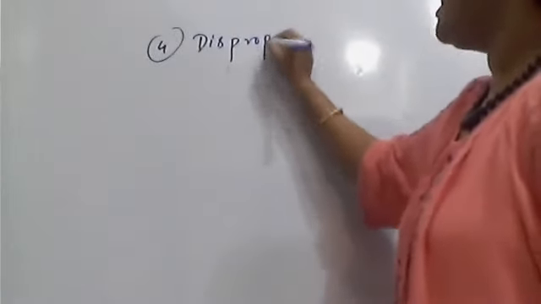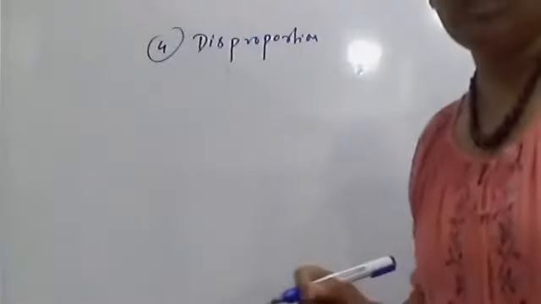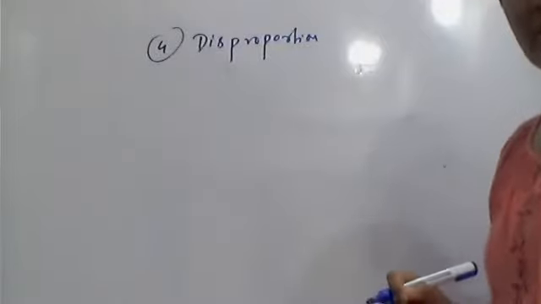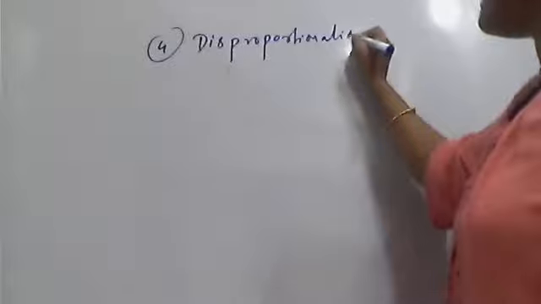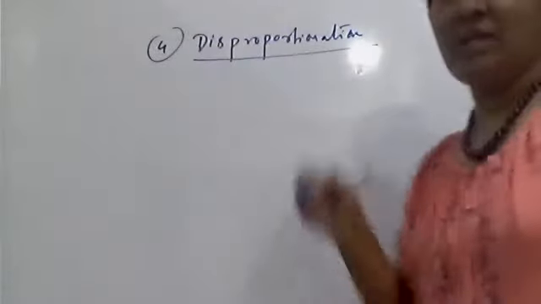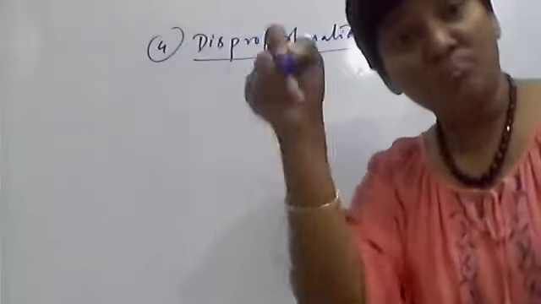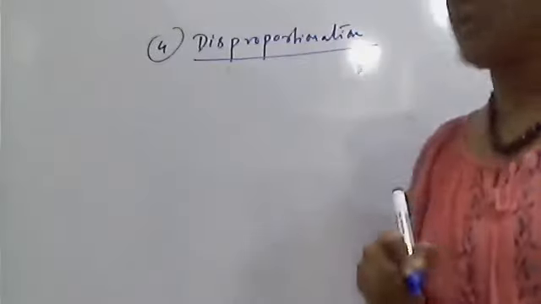A reaction involving both oxidation and reduction simultaneously. If the same single element in a reaction undergoes both reduction and oxidation, it is called disproportionation.